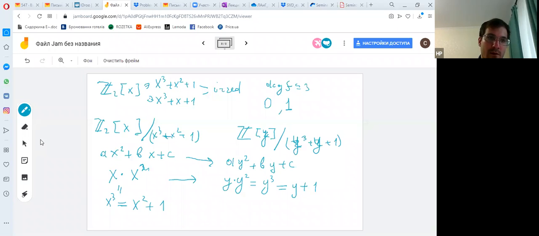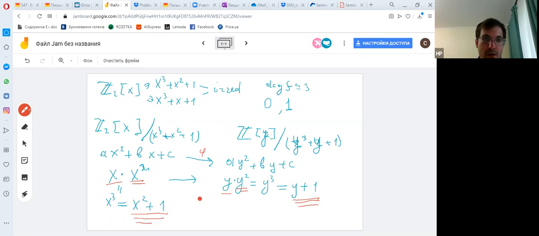So if I try to say that this phi is a homomorphism, then it should map x to y, x squared to y squared, but the product of x and x squared equals x squared plus 1, and by this phi it goes not to y plus 1 but to y squared plus 1.